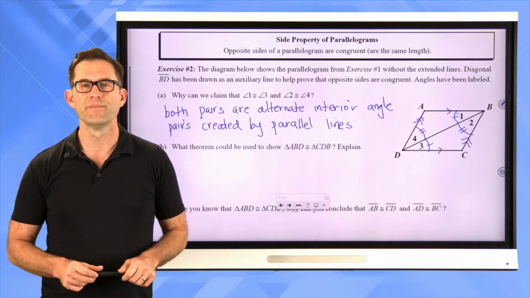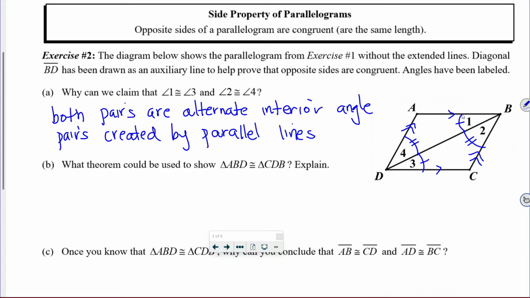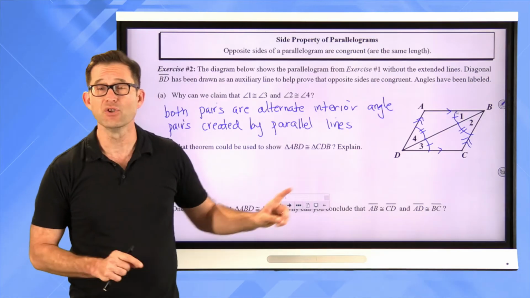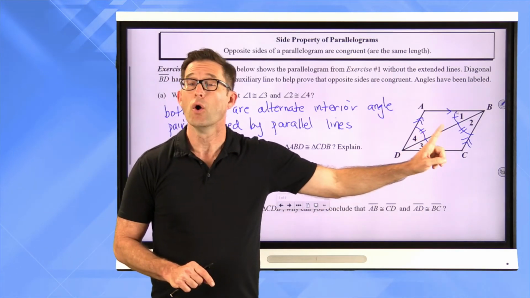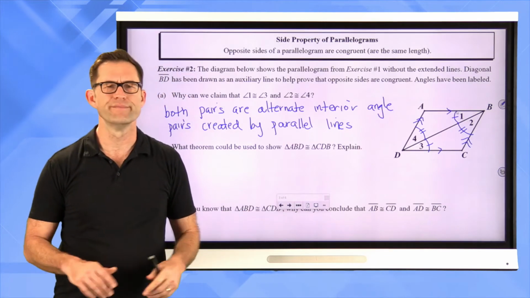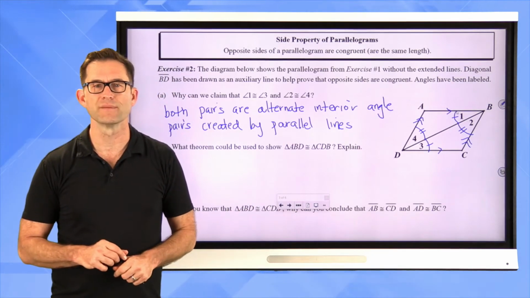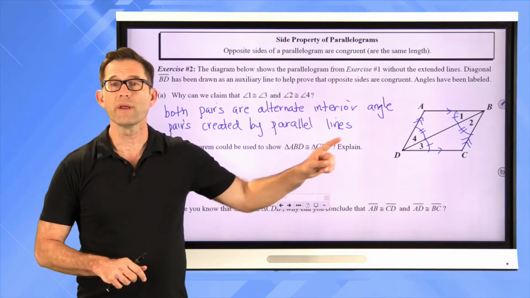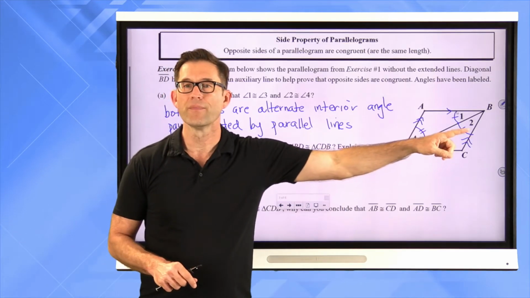Now, letter B. What theorem could be used to show that triangle ABD is congruent to triangle CDB? Explain. All right, pause the video now. If I asked you to prove that this triangle was congruent to that triangle, what theorem would you use of our 5 triangle congruence theorems? Well, we already know that we have an angle congruent to an angle.